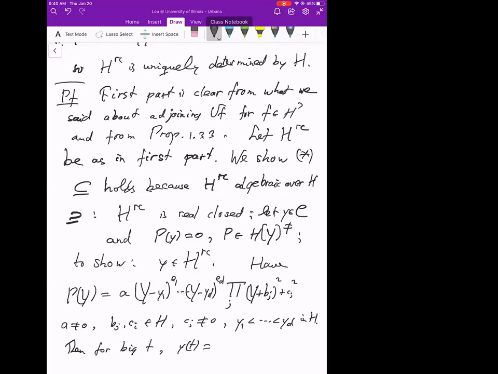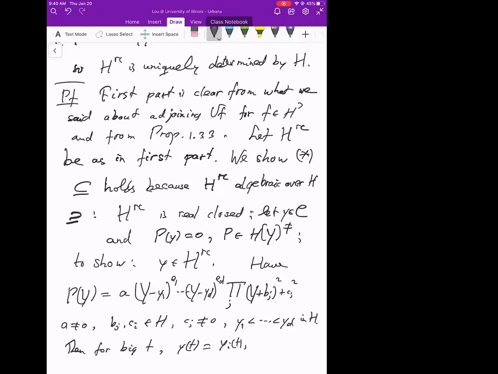Oh yeah, I forgot to say the exponents e1 up to ed here should be positive natural numbers, right? But for big T, y(t) has to be yi(t), but it cannot jump from one yi(t) to another, since the yi are continuous and y itself is continuous, and the y1 to yd do not cross each other.